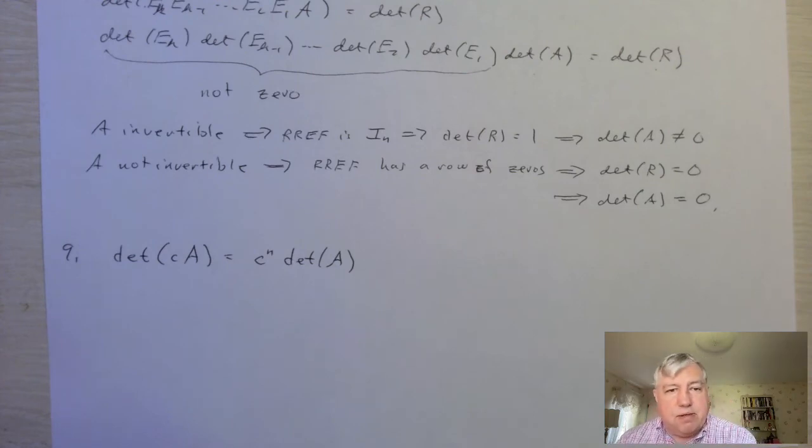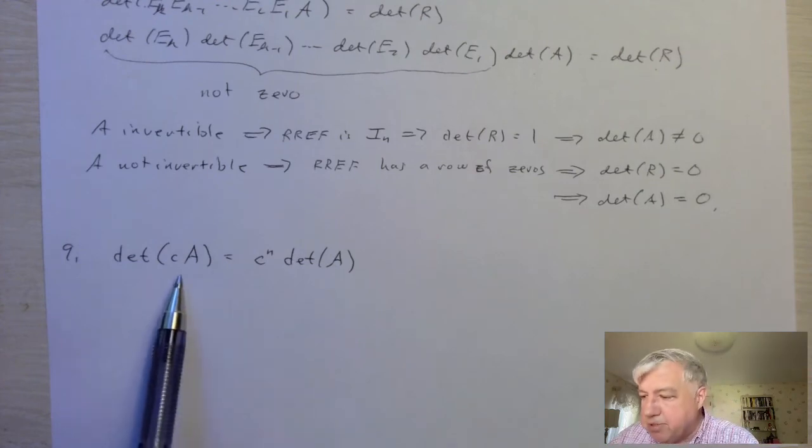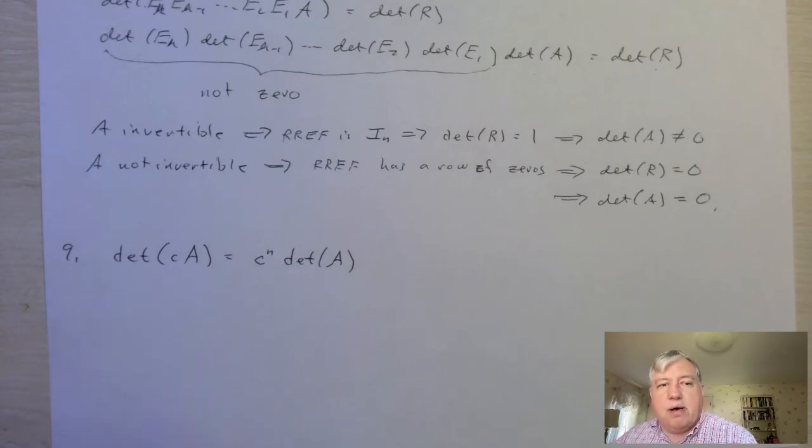It's a common mistake that some students might think that if you multiply a matrix by a constant, then the determinant is that constant times the determinant of the matrix.